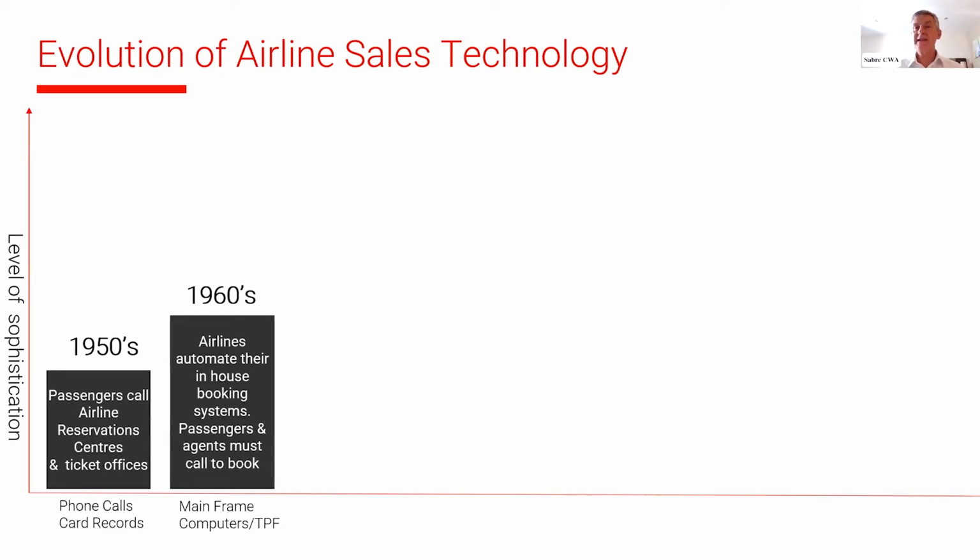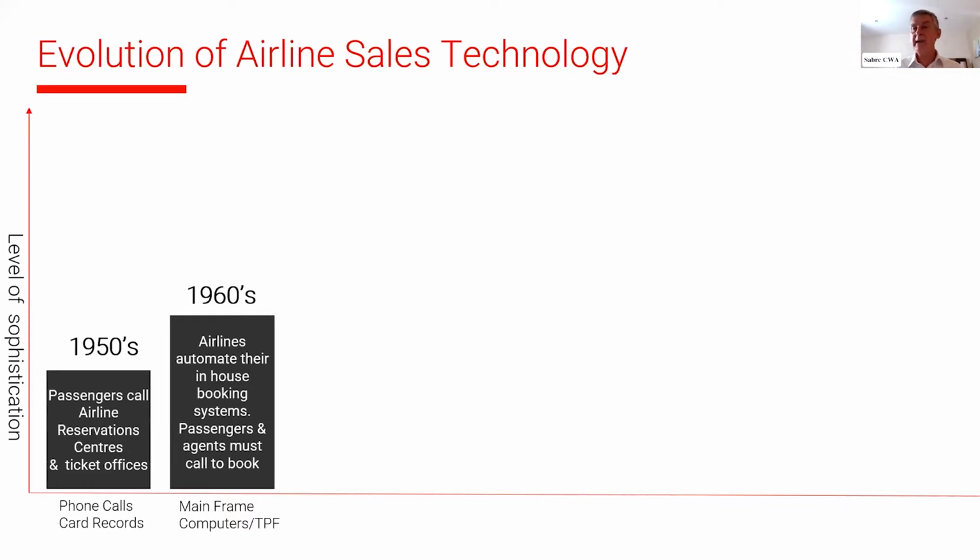And if we trace the history of Sabre, which at that point was solely being used by American Airlines, Sabre was created as a joint partnership between American Airlines and IBM. And they built a very large mainframe computer. And you can see at the bottom of the screen there, I've put some highlights of the technology from each era.